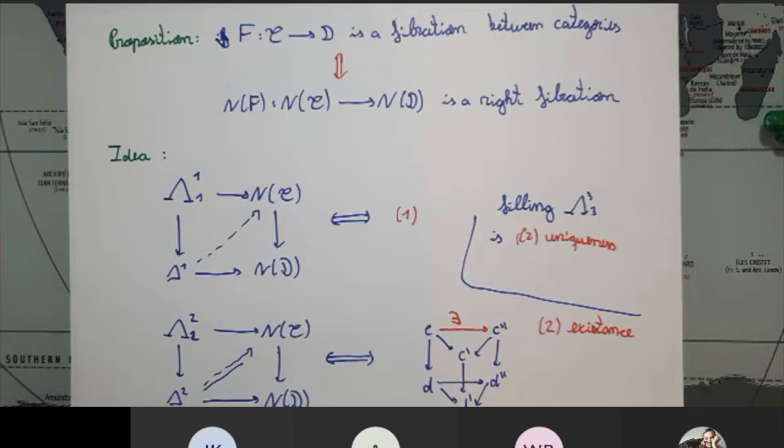Yes. And what about inner fibrations? Do they classify something? I'm not sure. So left fibrations by dual properties, they are classified by functors from S to infinity groupoids.